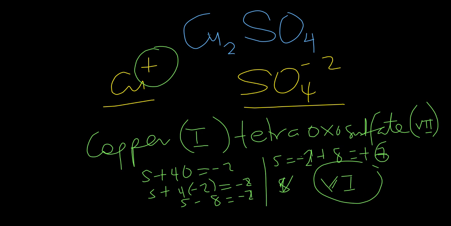It should be 6. So that will be VI. So the name of the compound will be copper(I) tetraoxosulfate(VI). As simple as that.